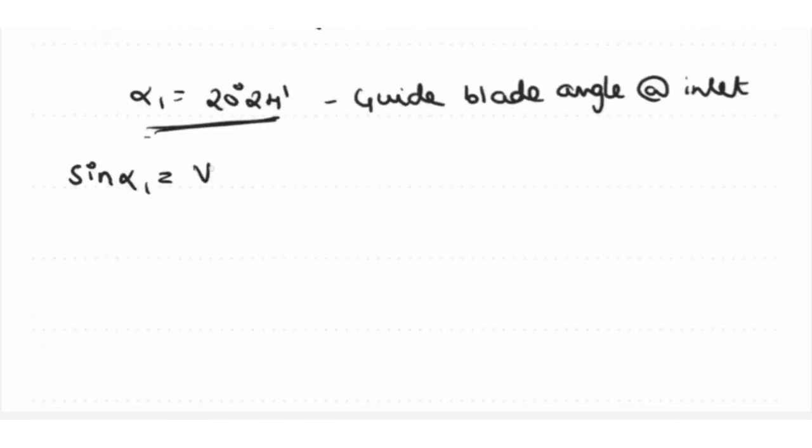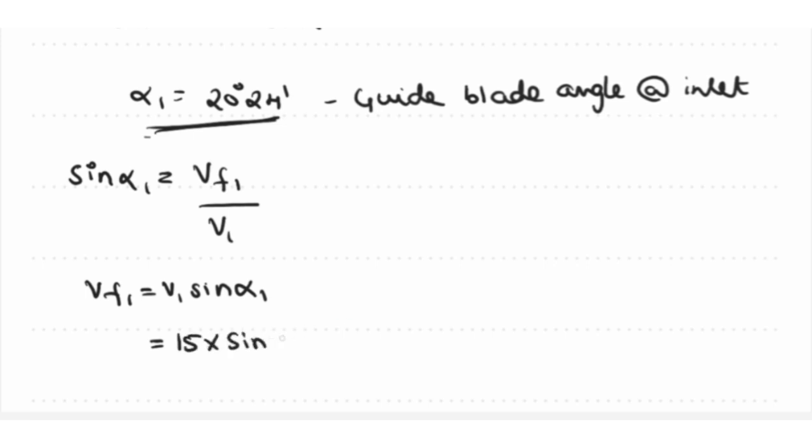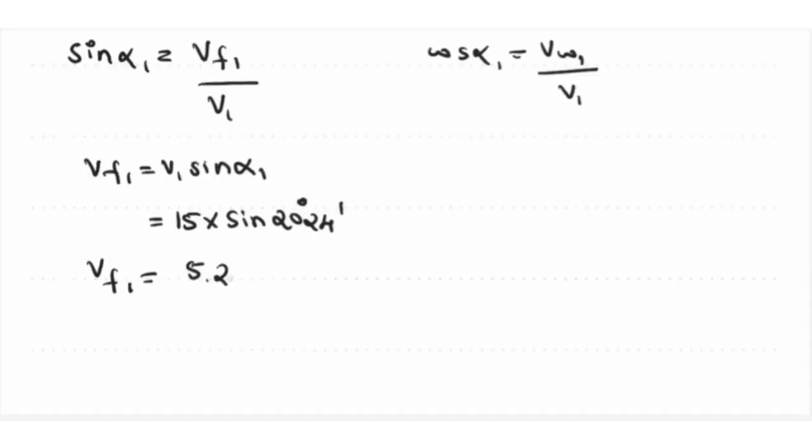So VF1 is equal to V1 into sin alpha 1. So V1 is 15 into sin of alpha 1, 20 degree 24 minutes, is 5.22 meter per second.